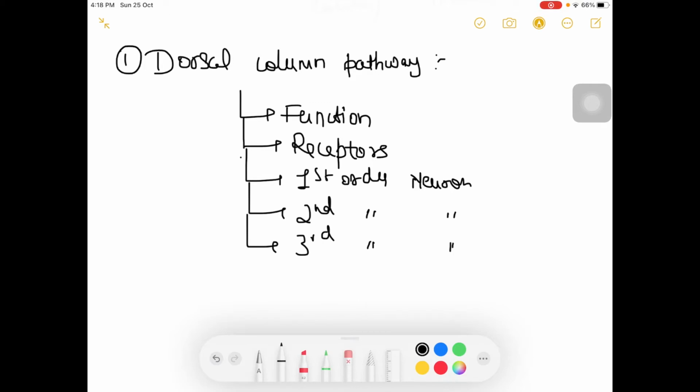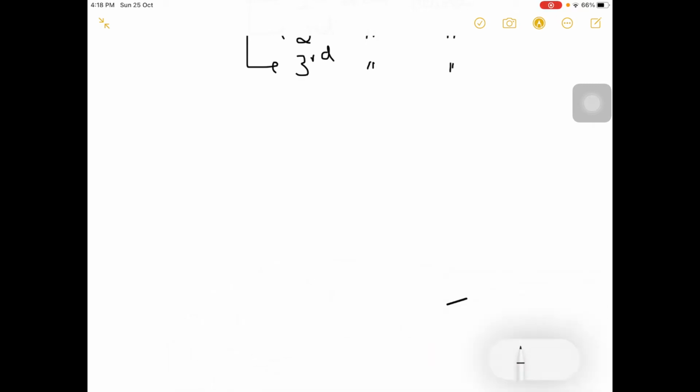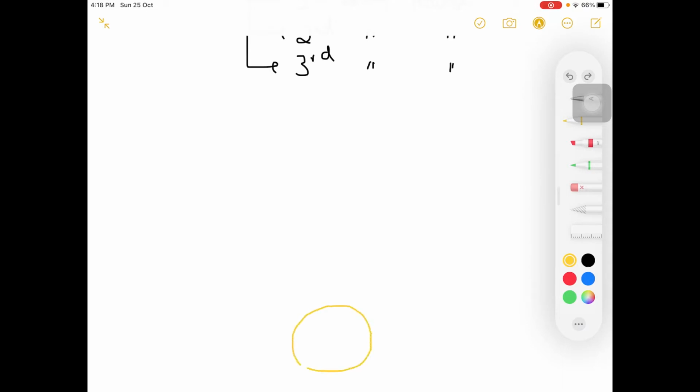So now let us start with the basic anatomy. So as you see, this tract starts from the spinal cord. So let us draw that. So let us suppose this is your spinal cord. Now this is your DRG.